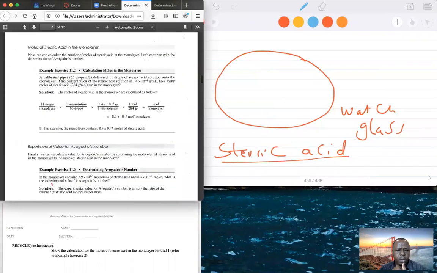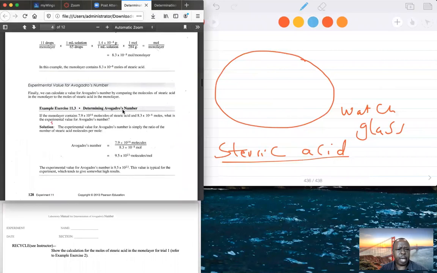Let's see on the worked example, determining the Avogadro number is the number of molecules all over the number of moles, and the unit will be molecules per mole, which is in the same neighborhood so long as you are in the domain of 10 to the positive 23.